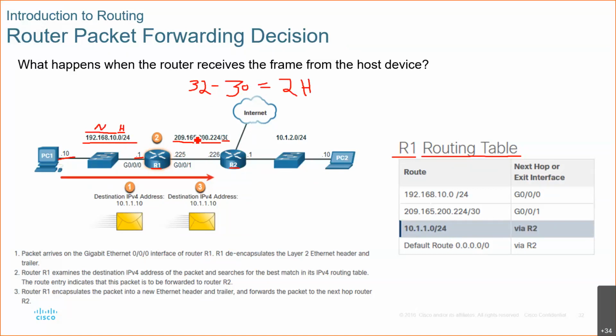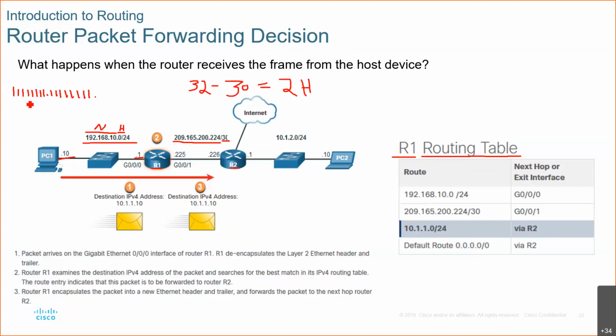What about this? Very simple. /30 means 1, 2, 3, 4, 5, 6, 7, 8, this is the first octet, and 1, 2, 3, 4, 5, 6, 7, 8, the second octet. Remember, whenever you see ones, you're talking about the network portion.